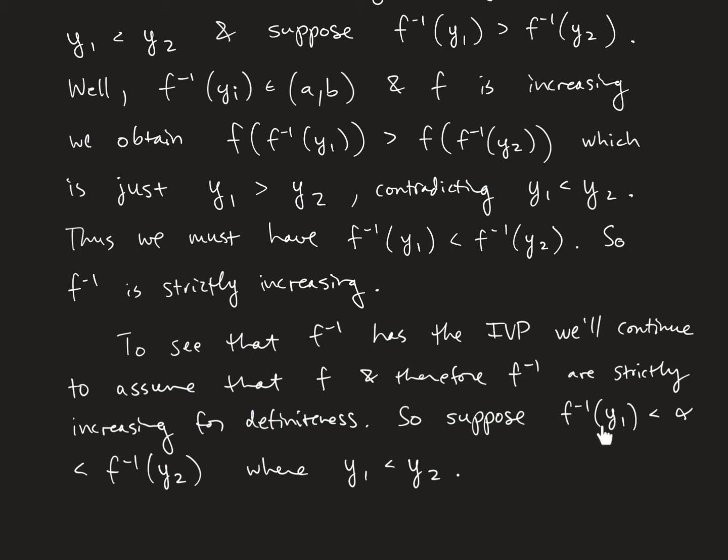So what we have here is these two elements of the interval from a to b, and we have this alpha between those two things. So alpha is also in the interval from a to b, and so we can apply f to these two inequalities, because f is increasing, so it's going to preserve them. So since f inverse of yi are in the interval from a to b, so is alpha.